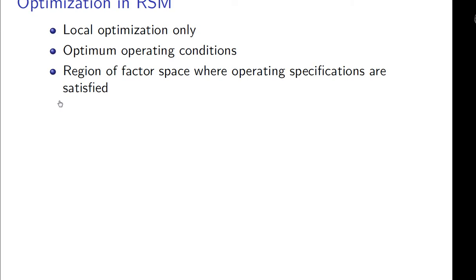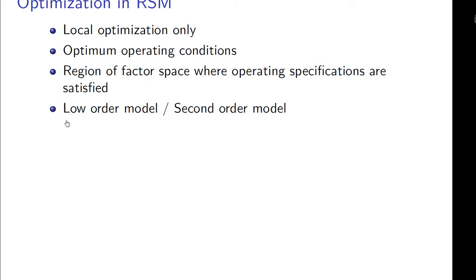But if we're relying on local values, then it means we have to have a way of identifying the region in which we're interested in looking, right? We don't want to start looking in some place far away where there's not an optimum if we don't have a way of getting to the region where there is the optimum. So we need to have a couple of things in order to do it.